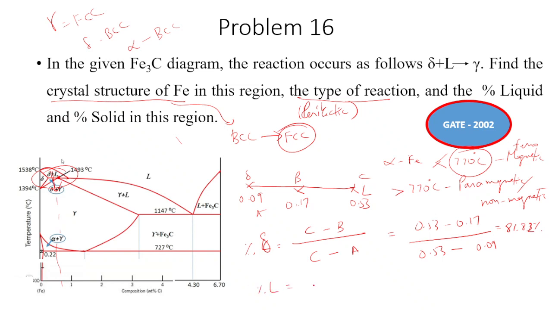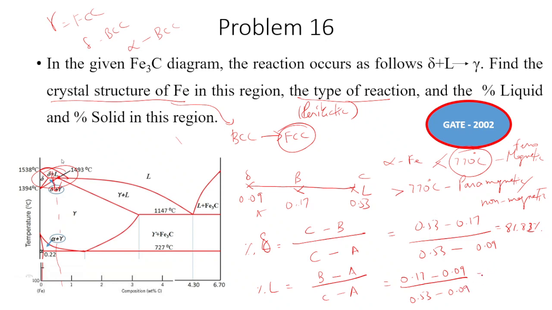Now for the percentage of liquid, it is B minus A divided by C minus A, which is 0.17 minus 0.09 divided by 0.53 minus 0.09.